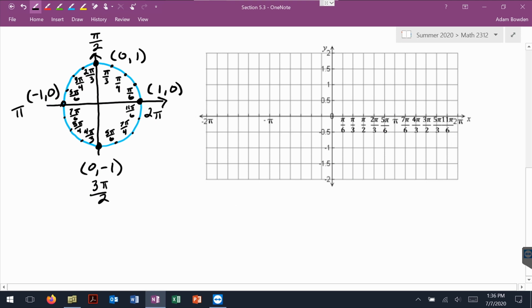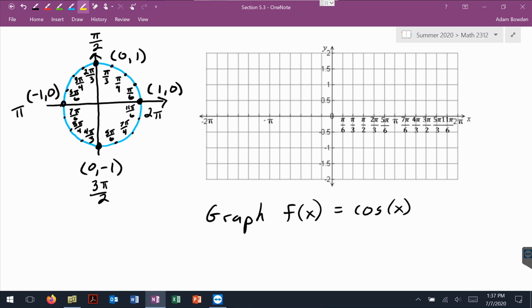Now we're going to look at the graph of f of x equals cosine of x. So when we look at the values of cosine, those were determined by the terminal points with the x-coordinates. So let's follow the x-coordinates as they change in the unit circle.